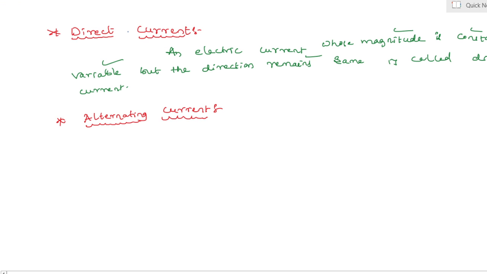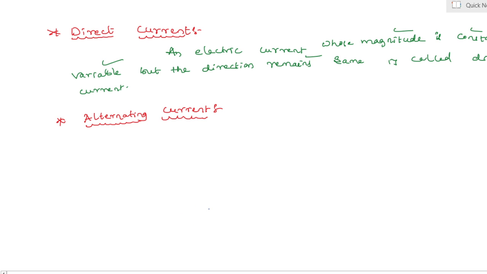An electric current whose magnitude changes with time and whose direction reverses periodically is called alternating current.